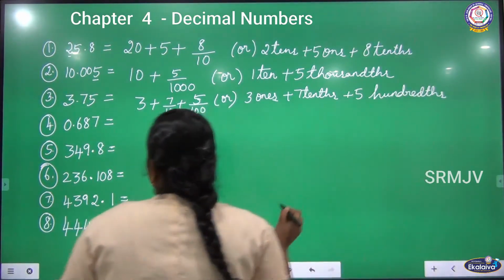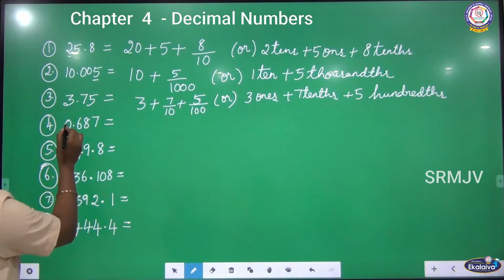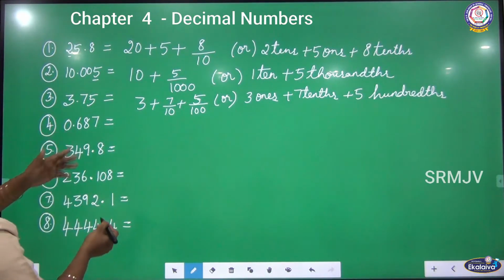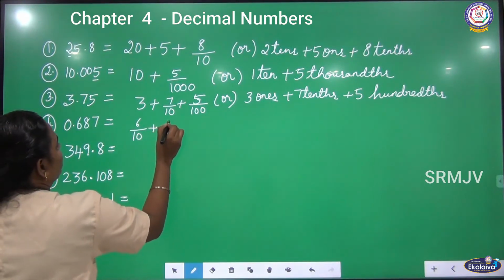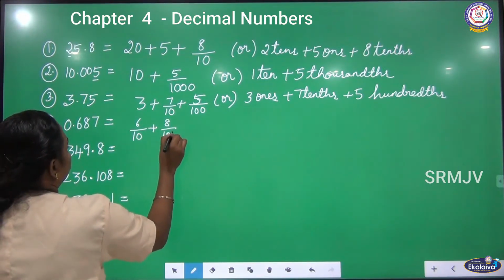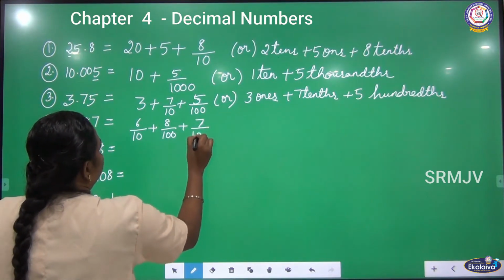Next one, 0.687. So you can write here 0. Place value of 687 alone we can write: 6 by 10, 8 by 100, 7 by 1000.